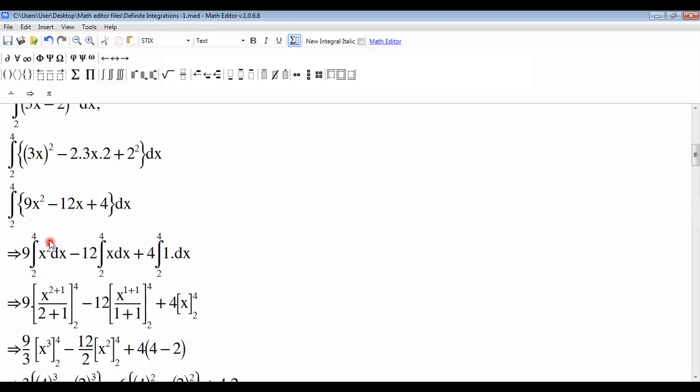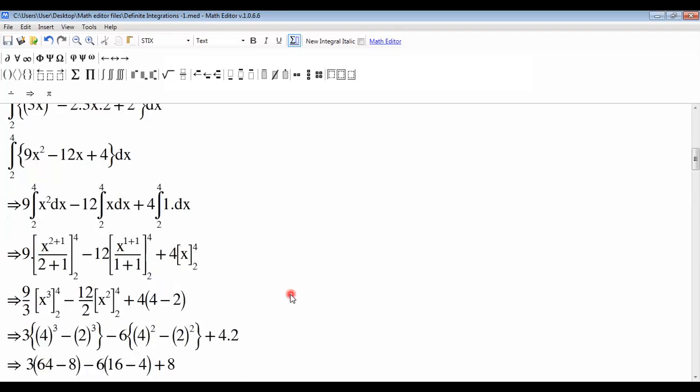Now what will the integration of x square be? x to the power 2 plus 1 divided by 2 plus 1, with upper limit 4 and lower limit 2 in a bracket. Minus 12 times the integration of x, which is x to the power 1 plus 1 divided by 1 plus 1. That is the x to the power n formula, the power rule. Plus 4 times the integration of 1, which is x, with upper limit 4 and lower limit 2 everywhere.